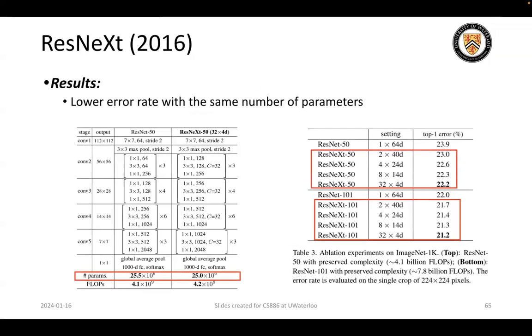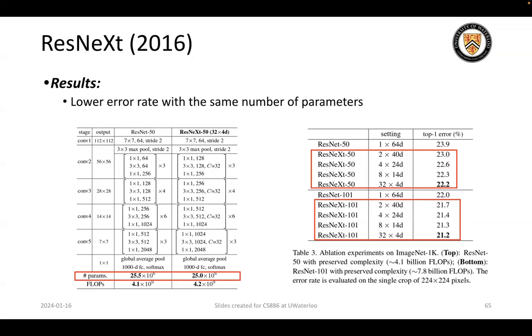The results: in the left table, we show the number of parameters and the number of floating point operations. We can see that ResNeXt achieved a lower error rate with the same number of parameters. And here we can also see the structure that is used in ResNet 50 and ResNeXt 50, 32 by 4d. For table 3, they have done ablation experiments on ImageNet 1K.